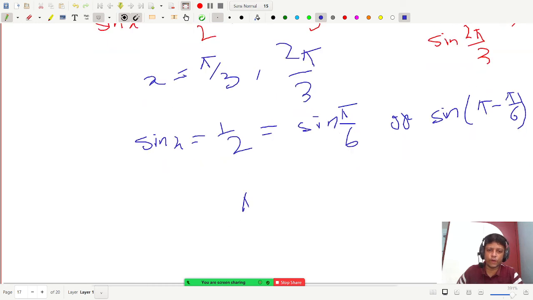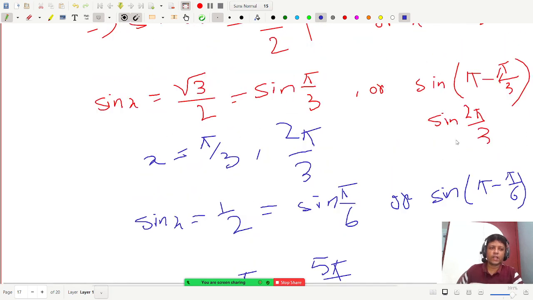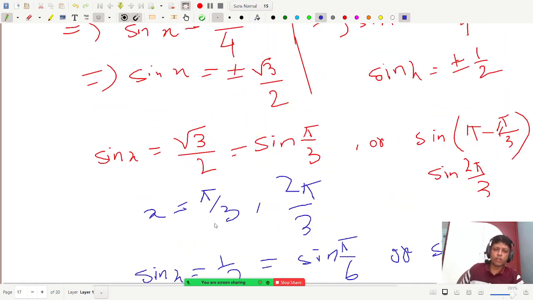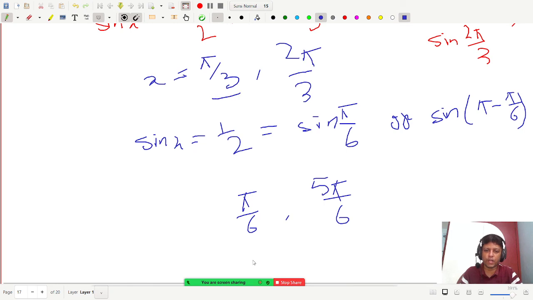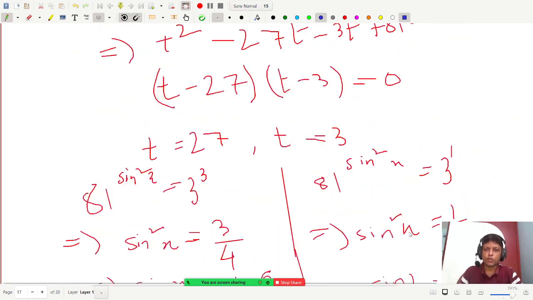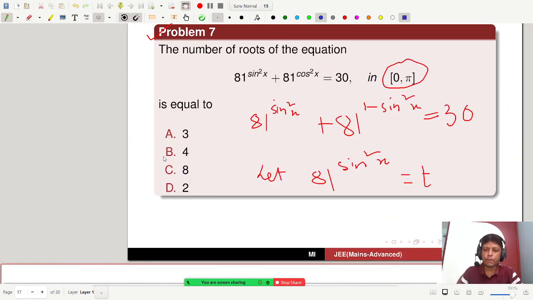In this case also you have two values, pi by 6 and 5 pi by 6. I'm not considering the negative values because it will exceed the range 0 to pi. So you have 4 values only, pi by 3, 2 pi by 3, pi by 6, 5 pi by 6. So your option will be B, 4 solutions.